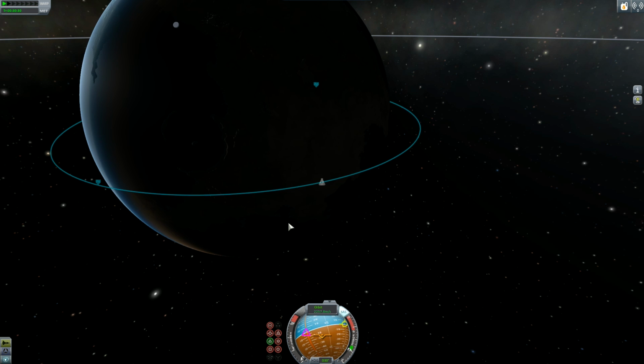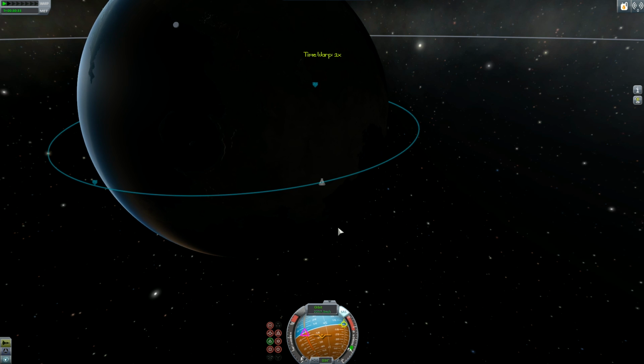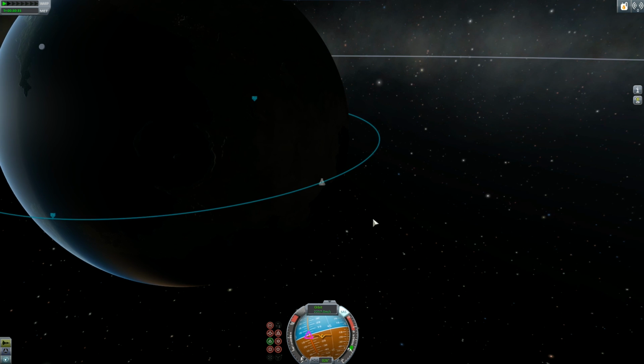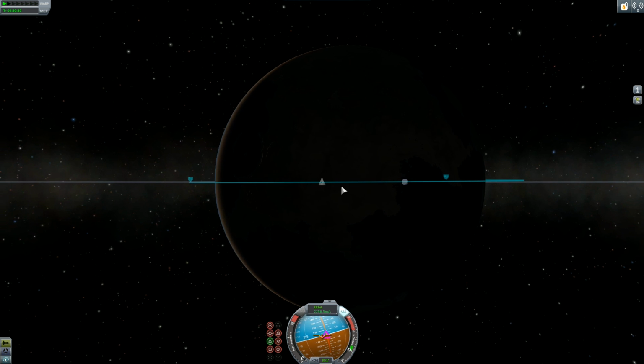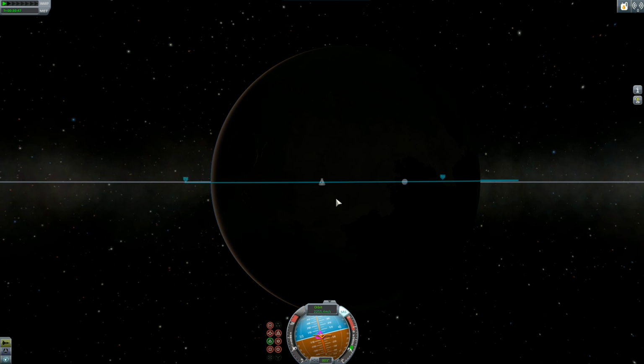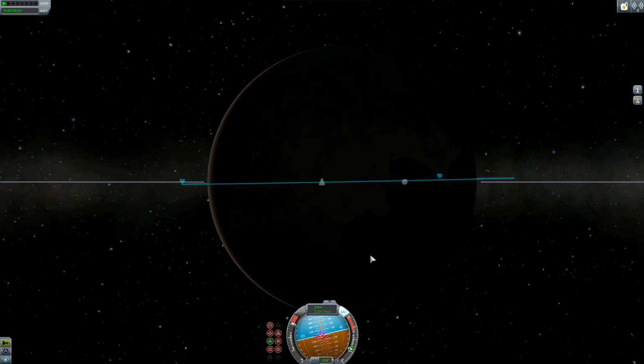So what we do is we point normal or anti-normal. What happens is, if we have a look here, we're going in this direction currently. We'll come back and we'll go around. There isn't really a force pushing us up or down. If we were to impart a force pushing us up or down, you'll notice... Ta-da!